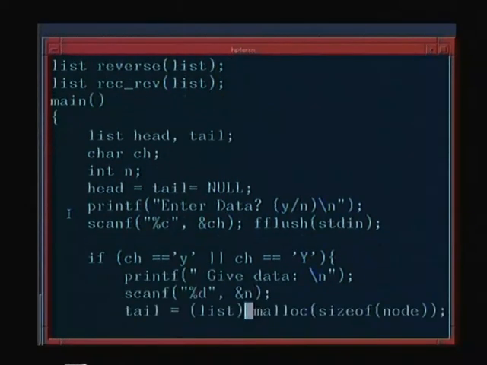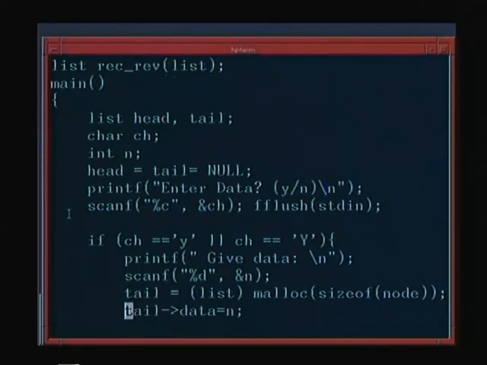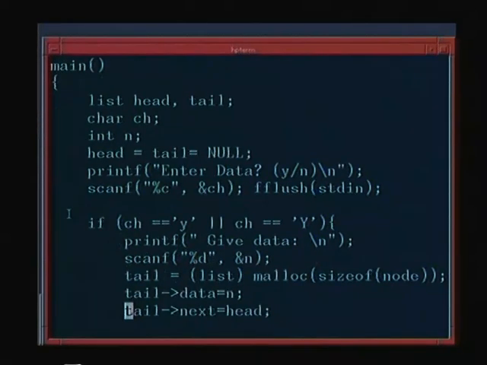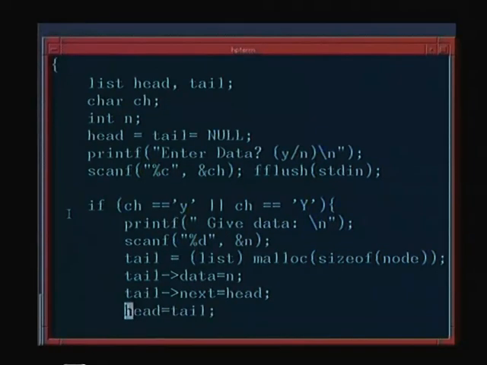If this is true, scanf, and tail is directly allocated: tail equal to list malloc, tail dot data is equal to n, tail dot next should be equal to null, because that is what it is supposed to do, and head and tail are the same thing.